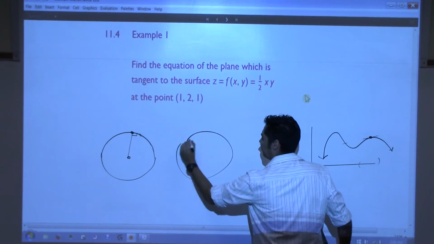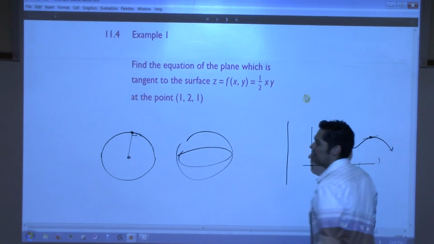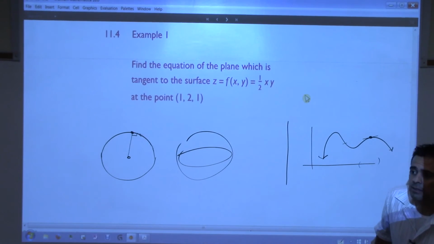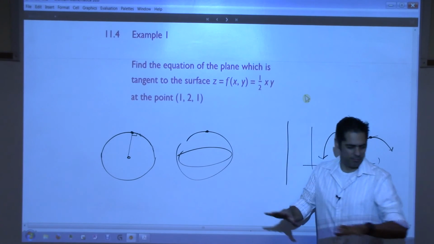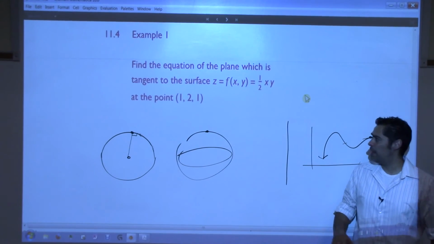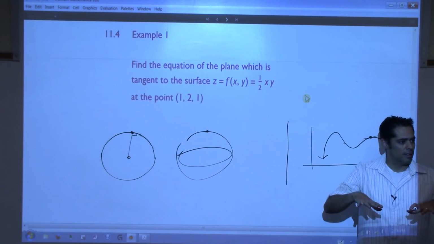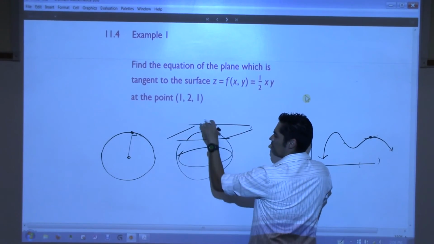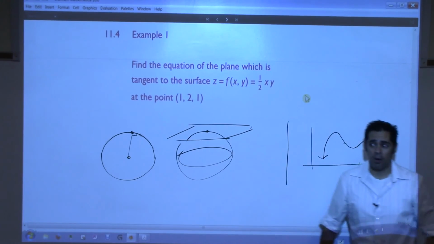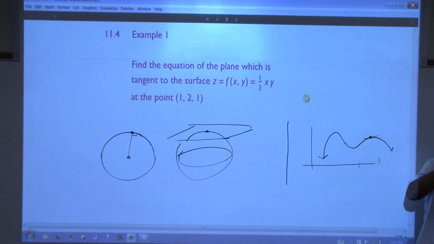If I ask you to tell me about a tangent plane, just imagine putting a sheet of paper or a flat piece of cardboard on top of a basketball, right? That plane would be touching right there at the North Pole, right? And that would be tangent to the ball because it's only going to be touching the ball right there at the North Pole, yes?